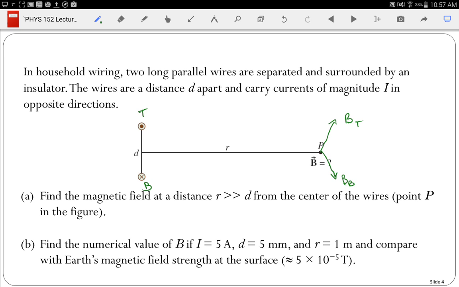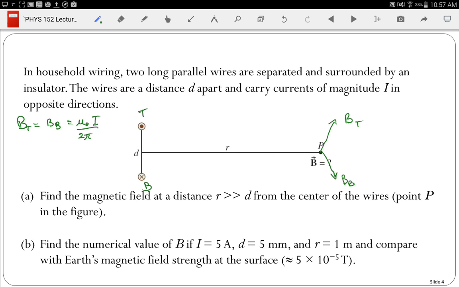How about the magnitudes? What's the magnitude of the magnetic field created by current in a wire? Okay. Mu naught I over 2 pi times the radius. Well, the radius is not this r.